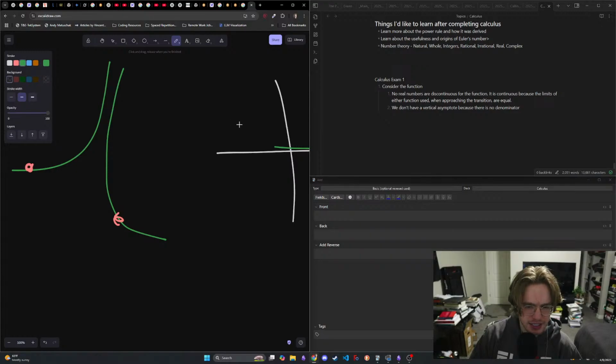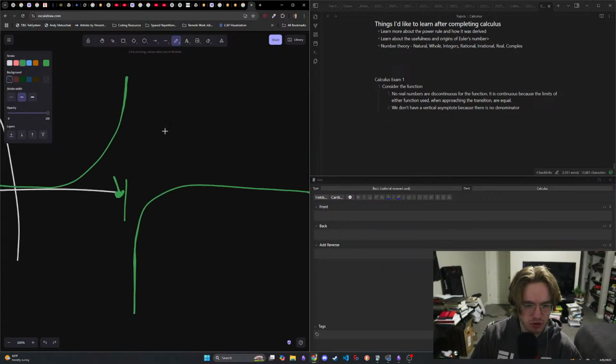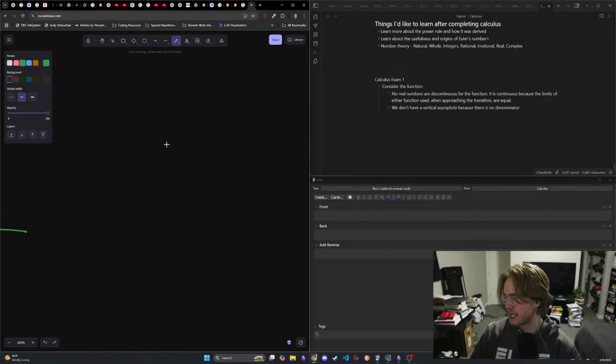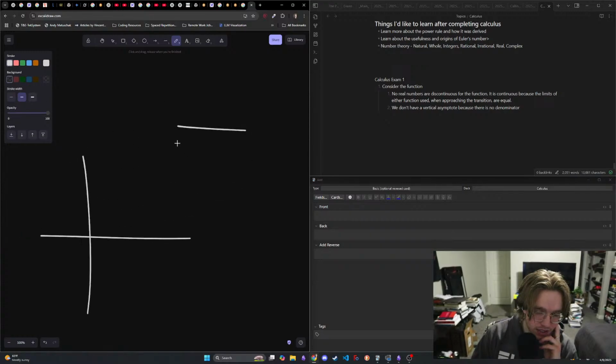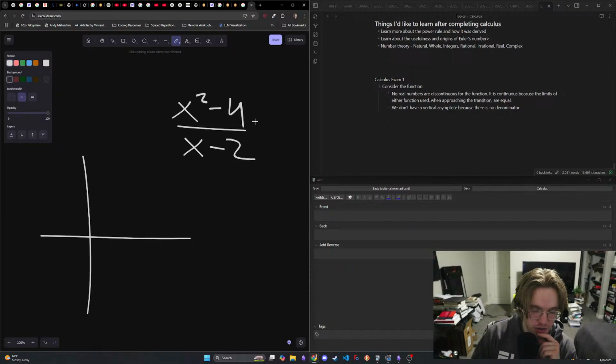Okay, so I need to have an understanding why. Right now, I don't have an understanding why when we have a denominator that emerges vertical asymptotes. My reasoning for this presently is that if I have a denominator that is like x minus 2, and I have x squared minus 4.